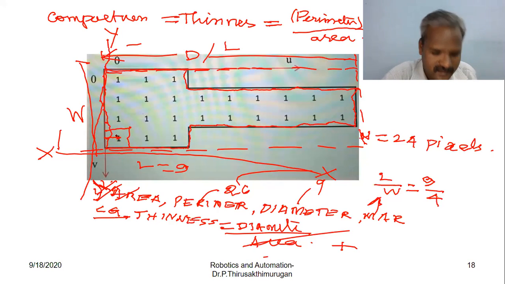Then the next pixel, what is x2 from here?